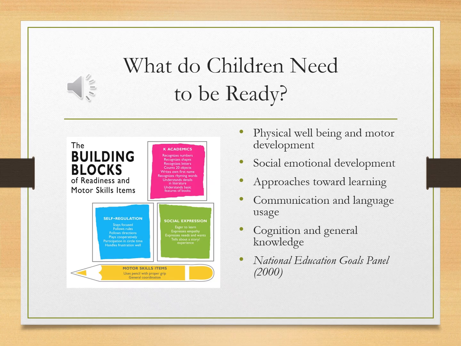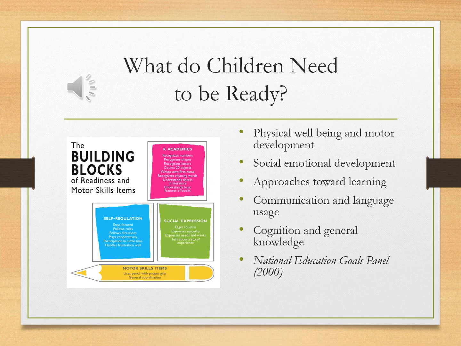So you can see in the graphic to the left that a lot of that stuff is kind of encapsulated. So the academic one has some traditional cognitive general knowledge information in it. It has things related to language and literacy.